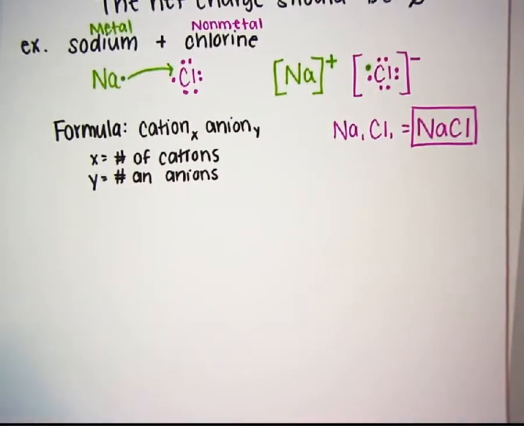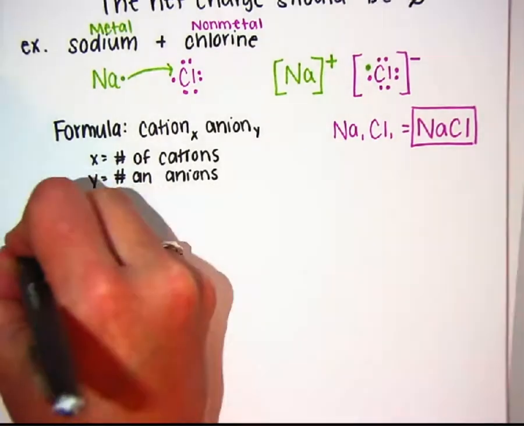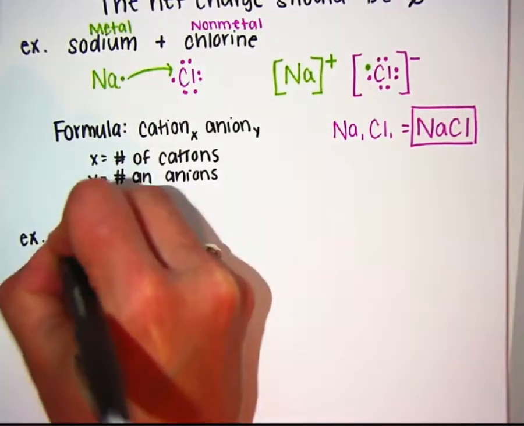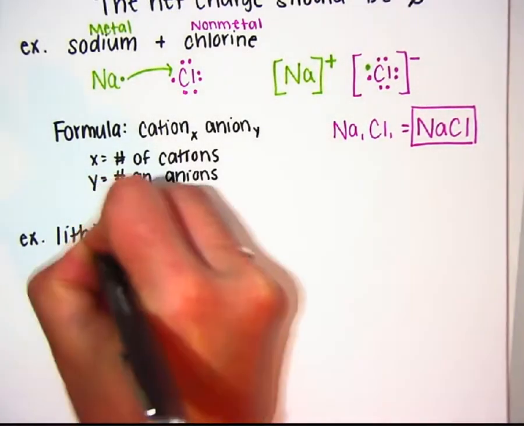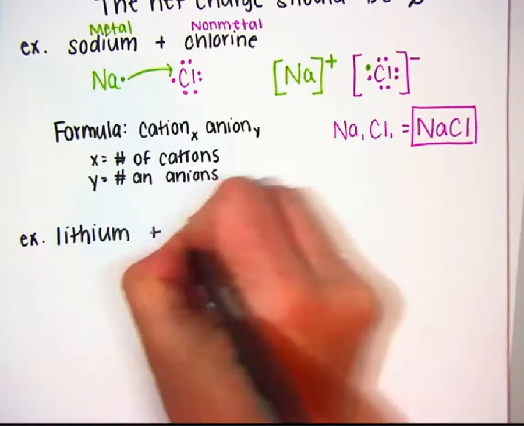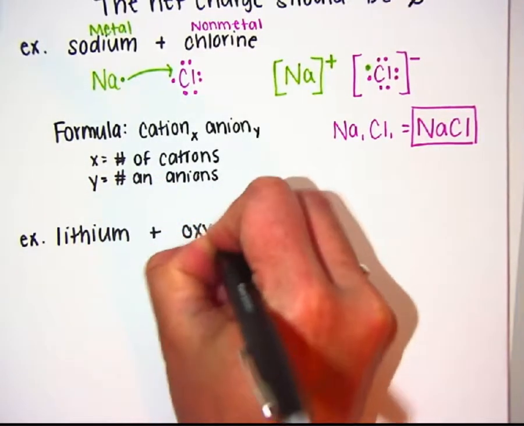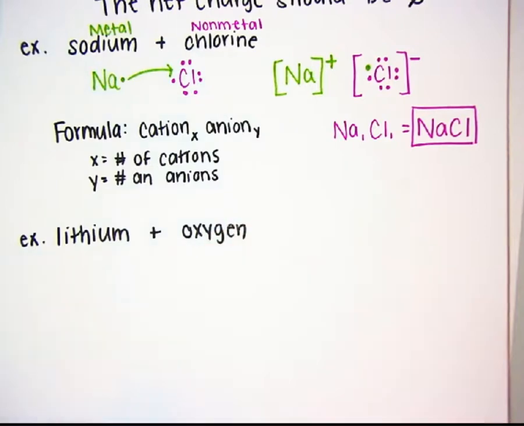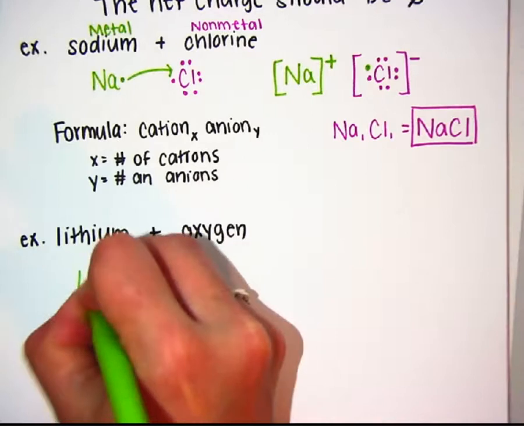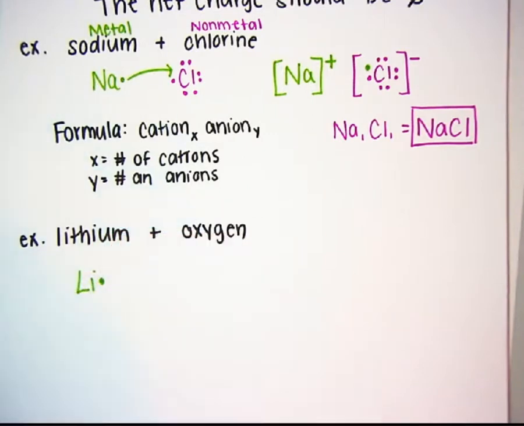Let's try another one. Let's do lithium and oxygen. So we're going to start by drawing the Lewis dot diagrams of the atoms.